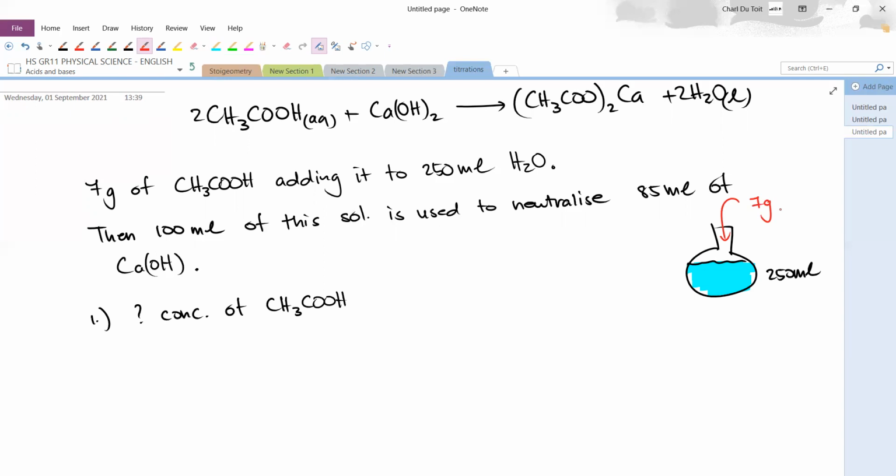Okay, can I please just throw my flask? Then I add 7 grams. Hey, what the hell? 7 grams, and 250 milliliters of water. Okay, let me just solve this for you faster.